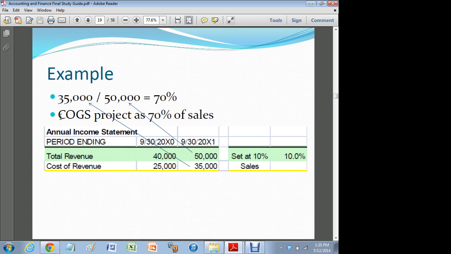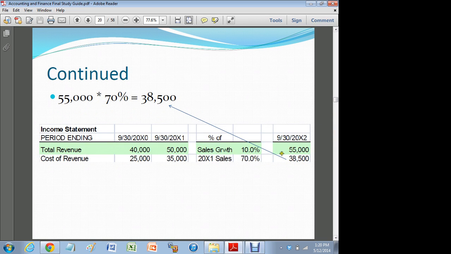So we're going to assume that for the next period, COGS is also going to be 70% of sales. Once we get this number, since we know this figure of 55,000 already, 70% of that is going to be 38,500. And that's going to be our new COGS figure.